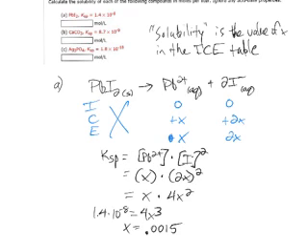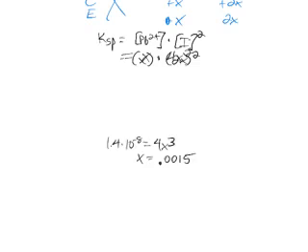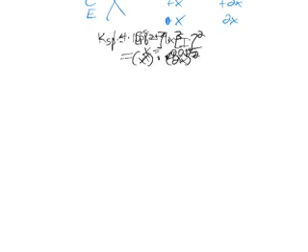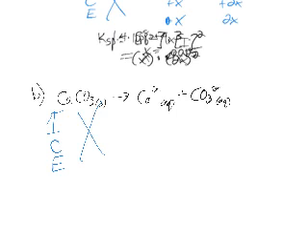So that's our answer. Now to part B, they give us a different salt, calcium carbonate. And just like in part A, we'll begin by writing a good dissociation equation. When we make the ice table, the solids drop out.